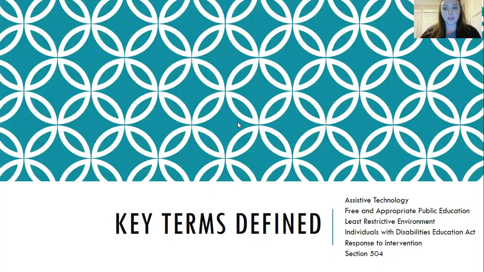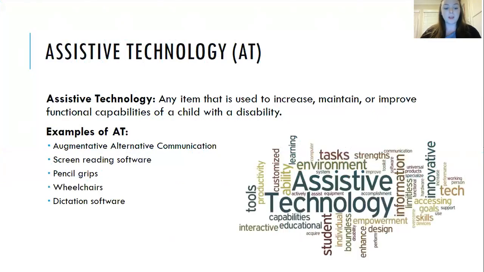So let's get into some of these key terms. What is assistive technology? Assistive technology is any item that is used to increase, maintain, or improve functional capabilities of a child with a disability. Some examples of AT include augmentative alternative communication, screen reading software, pencil grips, wheelchairs, and dictation software.